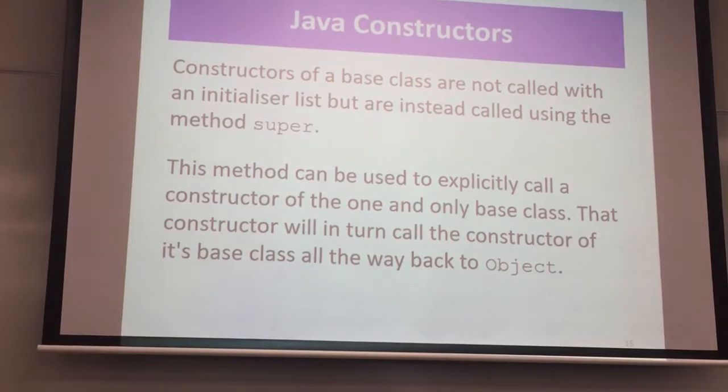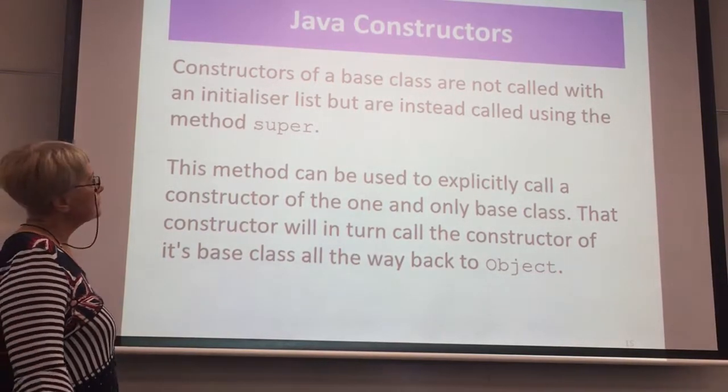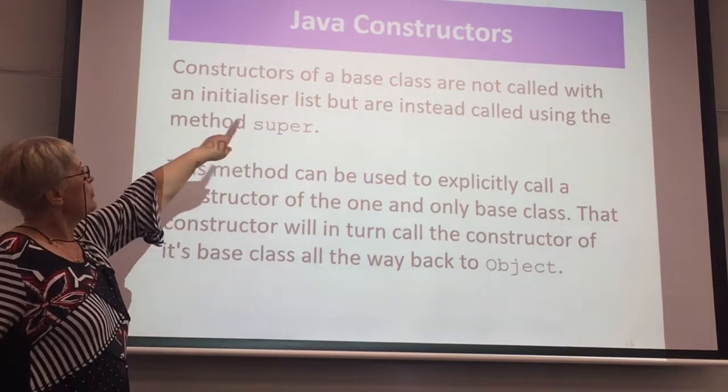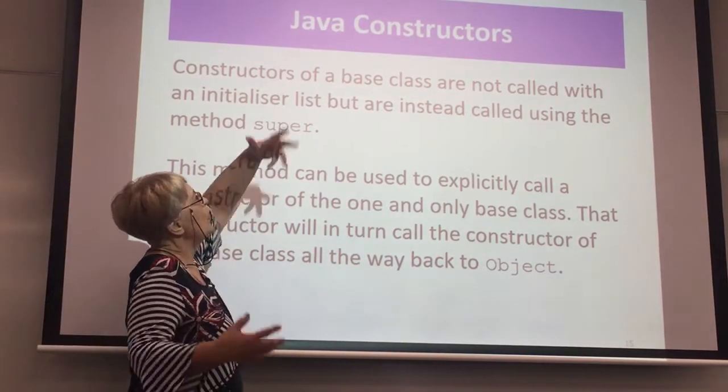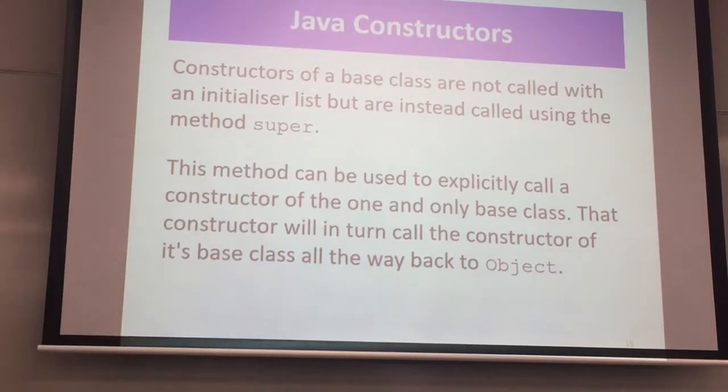Now, constructors in a hierarchy. We don't have an initializer list in Java, so how do you call the base class constructor in the derived class, because they are not inherited? There is this super keyword, which is used only in methods. Constructors are methods themselves, and it has to be the first invocation in the constructor.